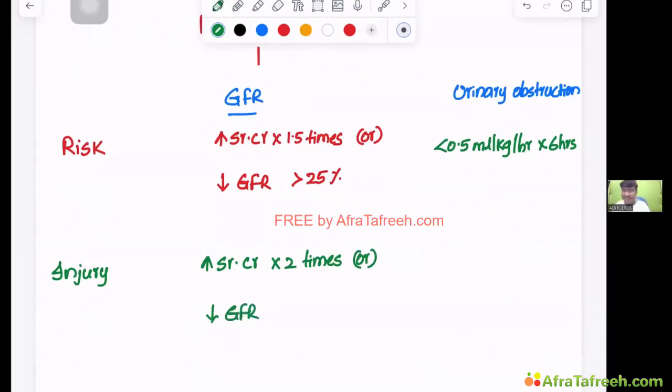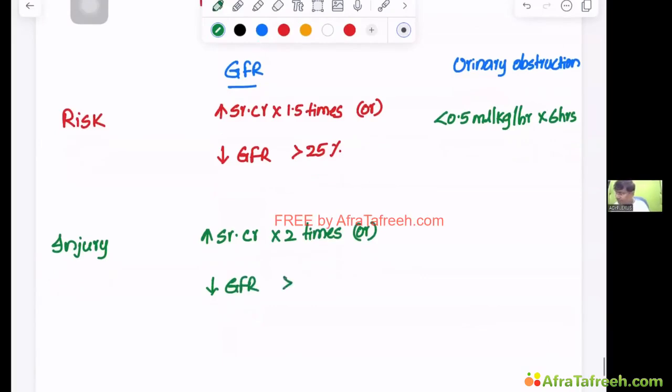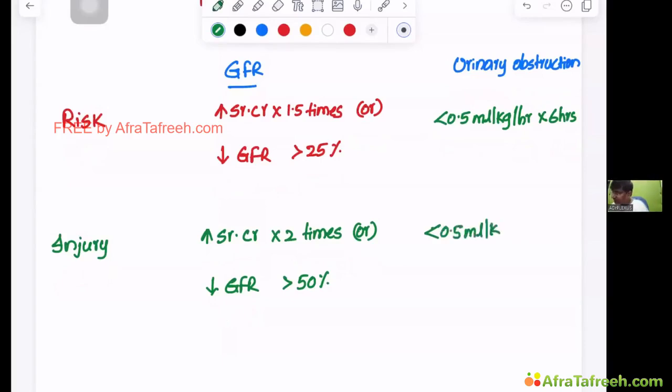What percentage should the decrease in GFR be? More than 50% the GFR has to be reduced. And along with the increase in creatinine and decrease in the GFR, the urine output also should be reduced, similar to stage 2 of acute kidney injury. How much is that? Less than 0.5 ml per kg per hour for nearly around 12 hours.